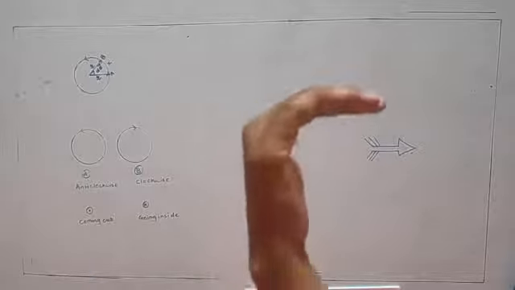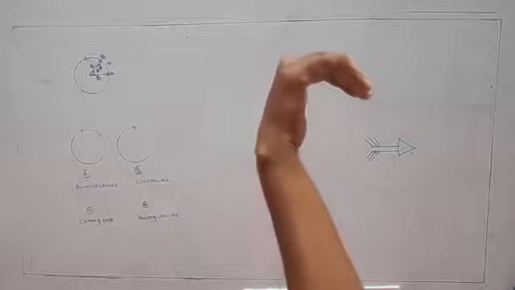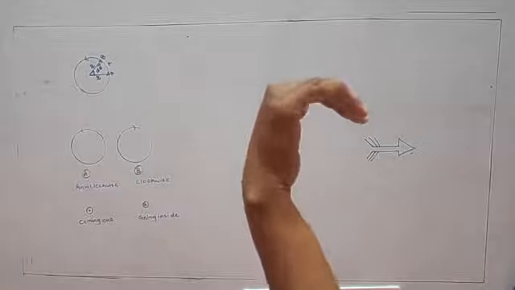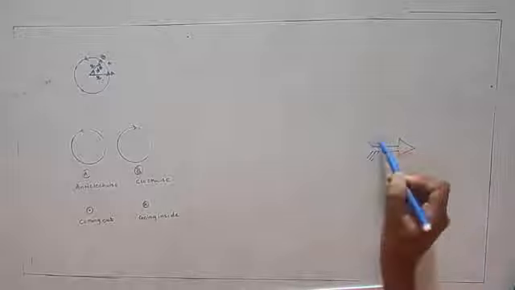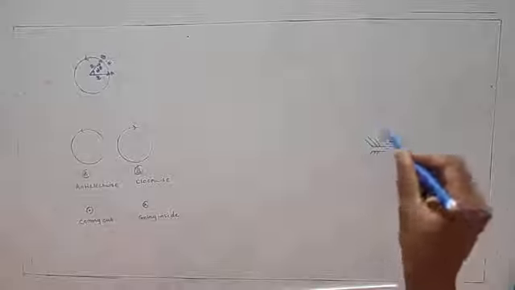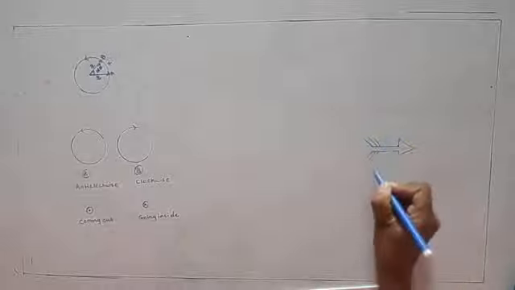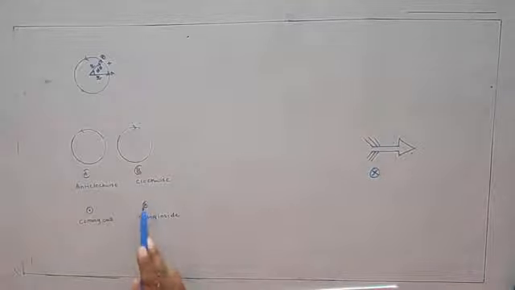And if the sense of rotation is clockwise, the direction of theta is moving inside the plane of this board. So if this arrow is moving inside the board, then after penetrating the board, we can just see this cross on the board. So going inside means cross.